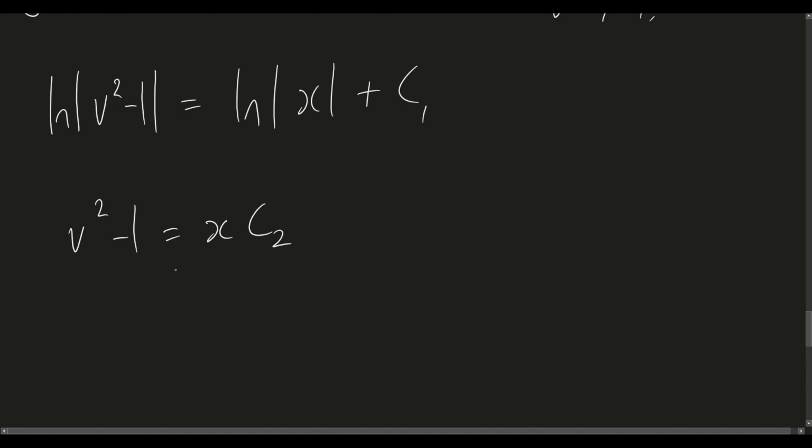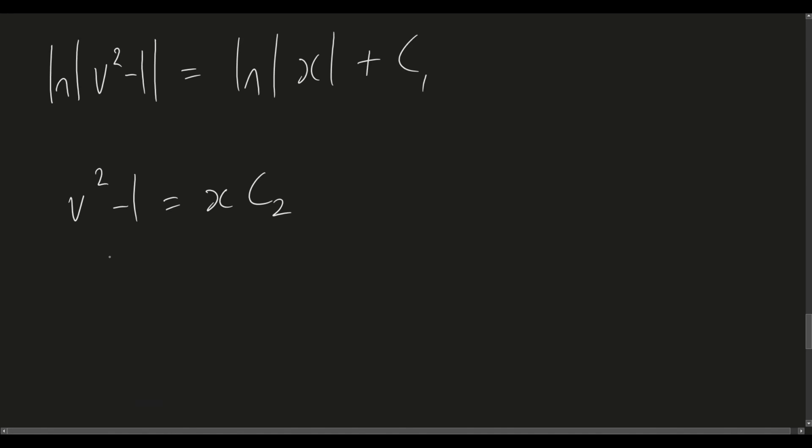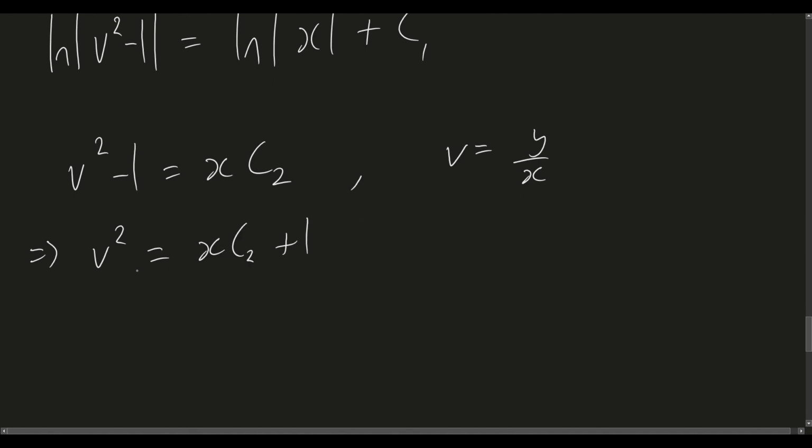Alright, so let's keep solving for v, and what we need to remember is that v was defined earlier as y over x. So you can do this at this point if you would like, where instead of v squared equals x c2 plus 1, we can now write that y squared on x squared is equal to x c2 plus 1.